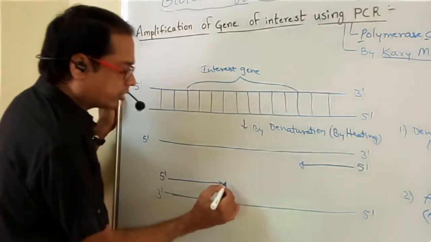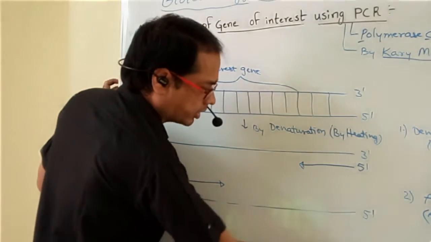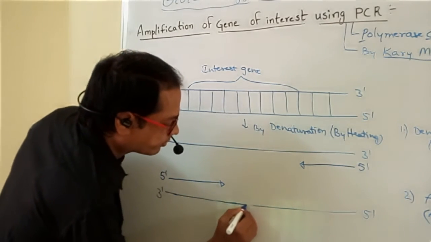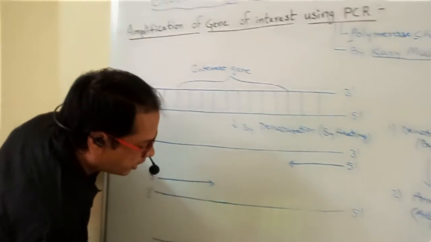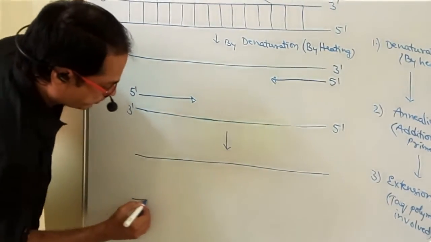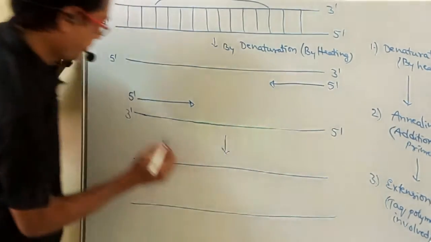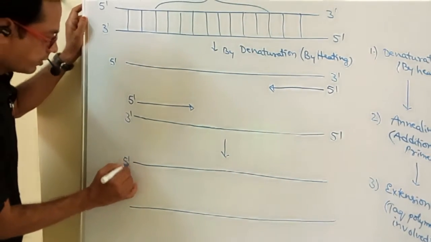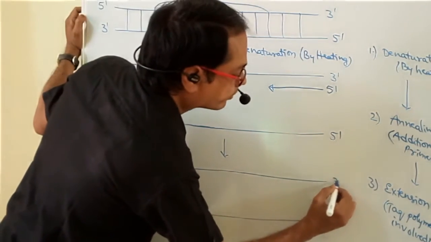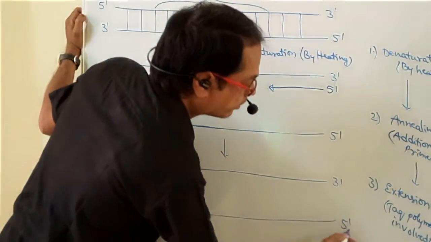So if it goes like this, it extends. That is extension. See, finally this is the 5', 3', 3', 5'.